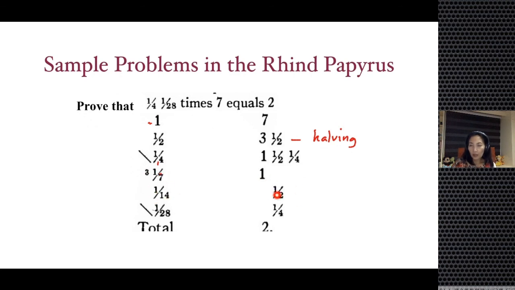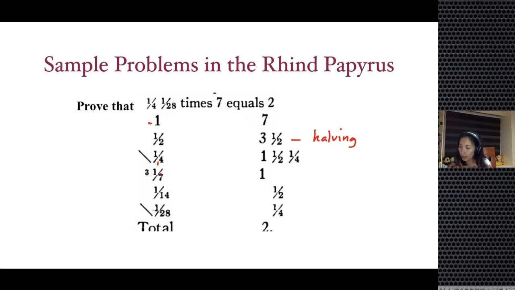Now let's continue getting the half. Half of 1/14 is 1/28, and half of 1 half is 1/4. So look along the second column for a combination of numbers whose sum is 2. And where is it?